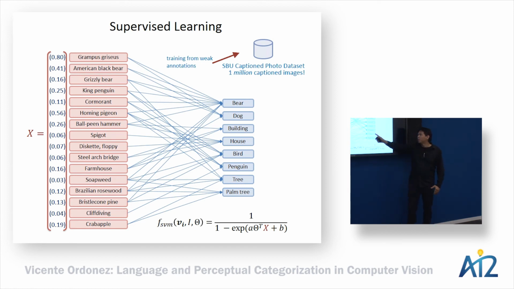And then we learn models for tree, let's say, by taking as positives all the images that mention tree in the caption, and as negatives all the images that might have trees, but they don't mention tree in the caption. So now it's very similar to the previous model, but now we don't use only the tree words to predict the word tree, we also use other categories.